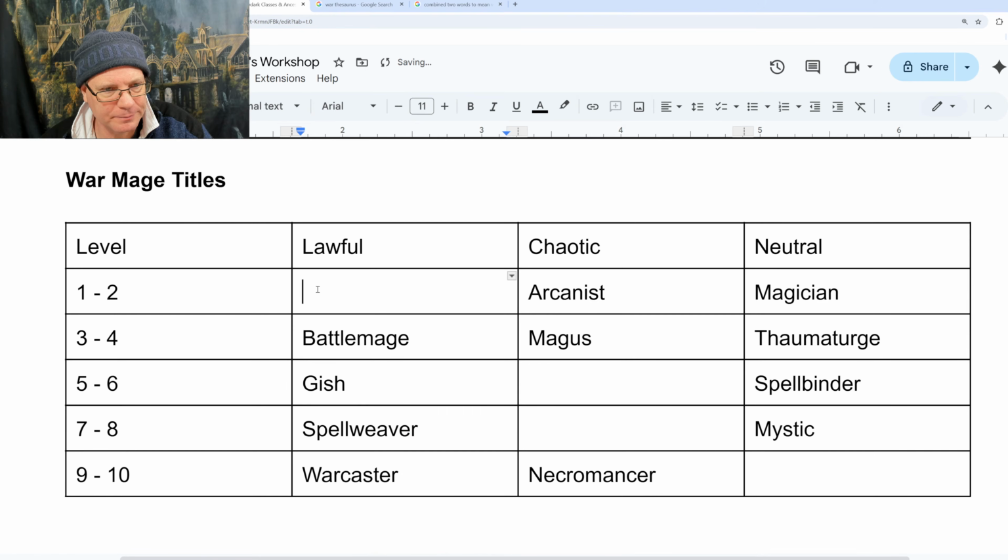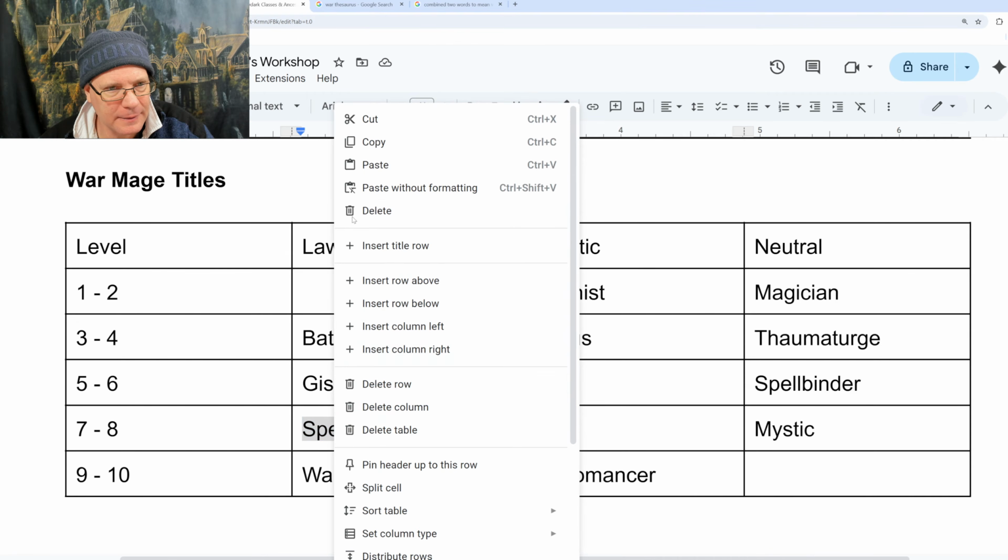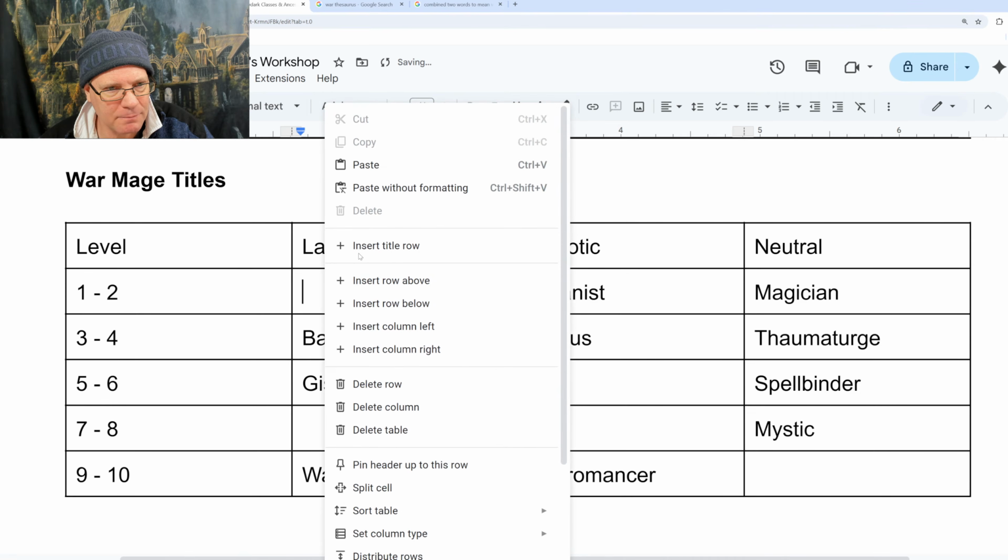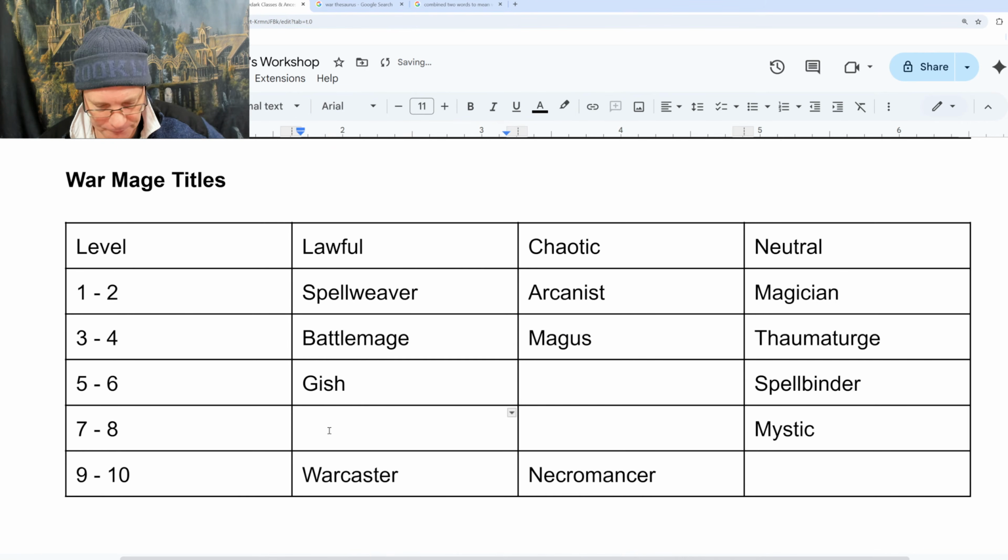Put that there. Let's cut that. Put that there. And Arcanist.